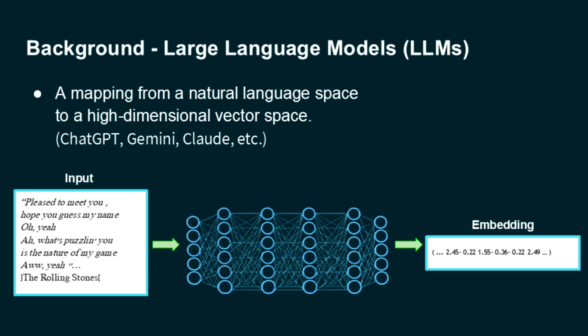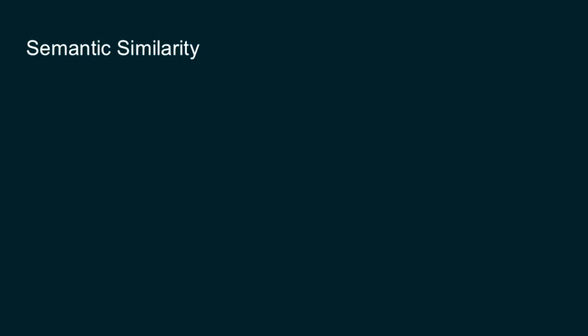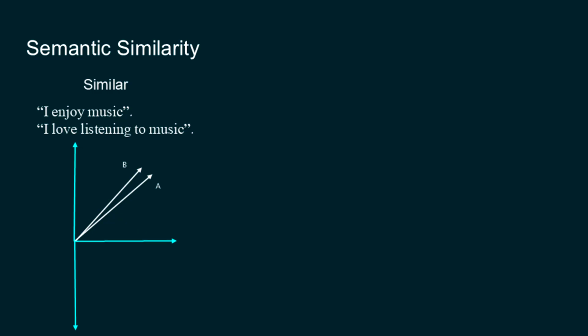Now, generative models work similarly, but in the opposite direction. So they are a mapping from the vector space back into the natural language space. So green arrows are for embedding models and yellow arrows for generative models. We will say two sentences are semantically similar if they carry similar meaning.